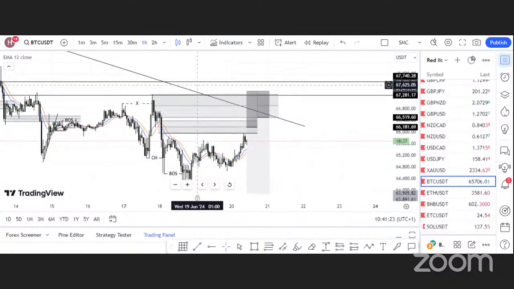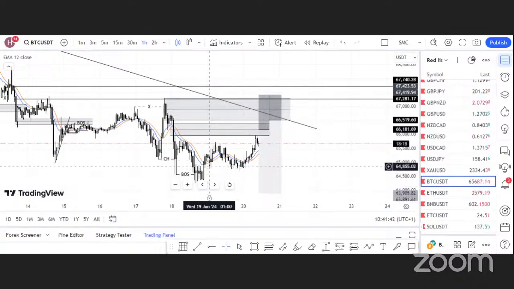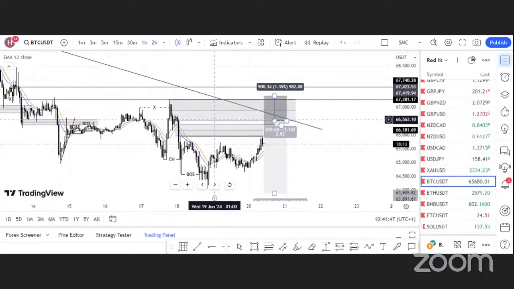So BTC USDT, I'm expecting the market to get to this point and reverse to the downside. Then we also have this second level where the market can also sell from.